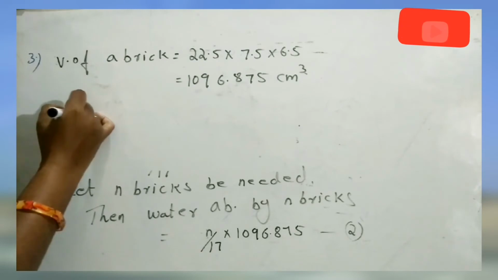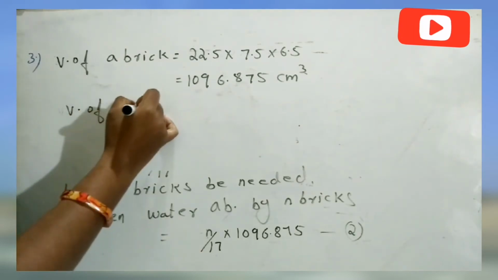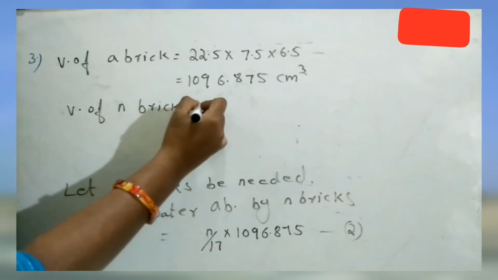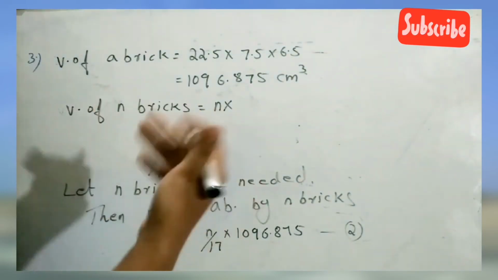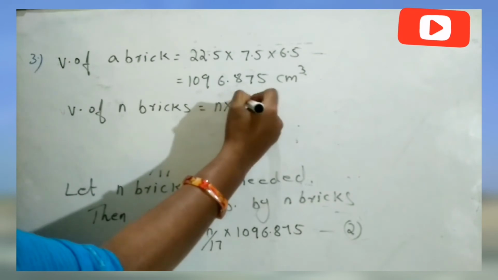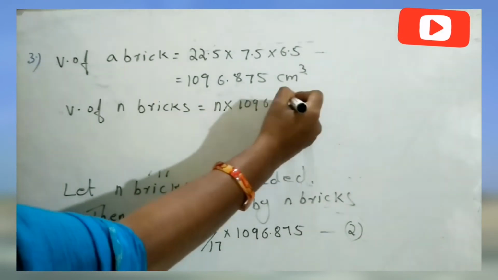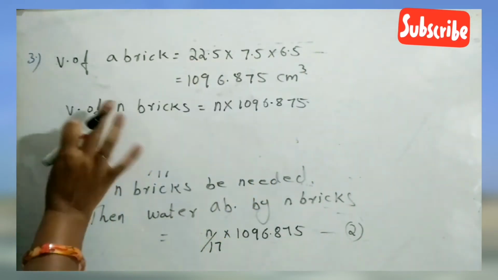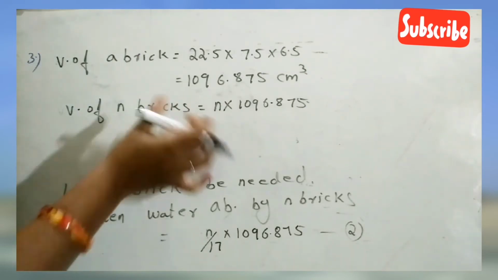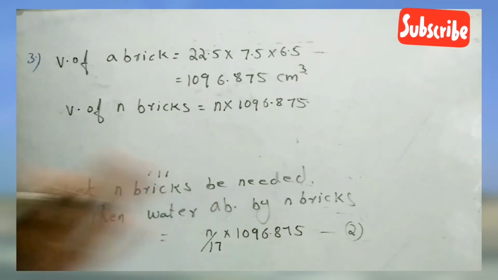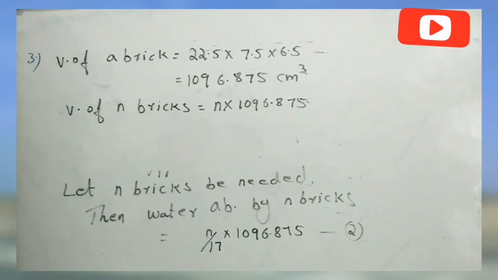The volume of n bricks is equal to n into volume of a brick, that is n into 1096.875. So now we have the volume of n bricks and the volume of the water absorbed by n bricks.